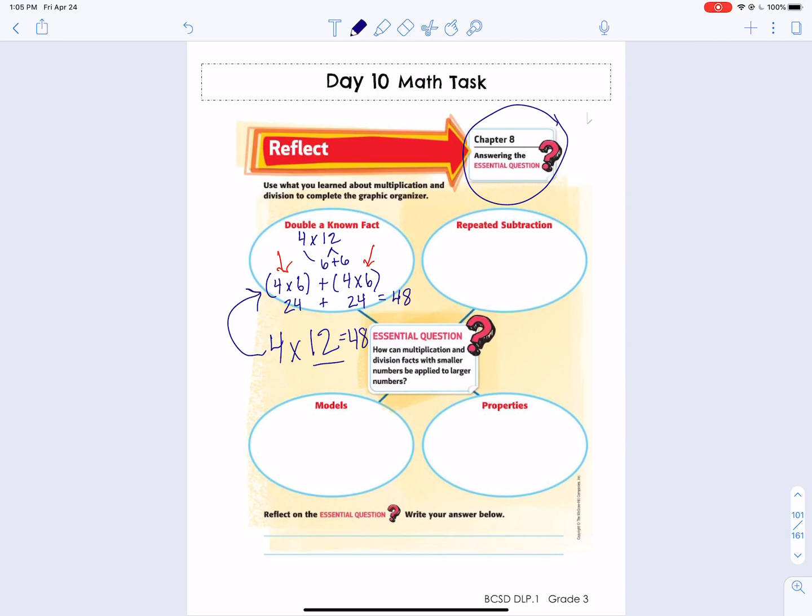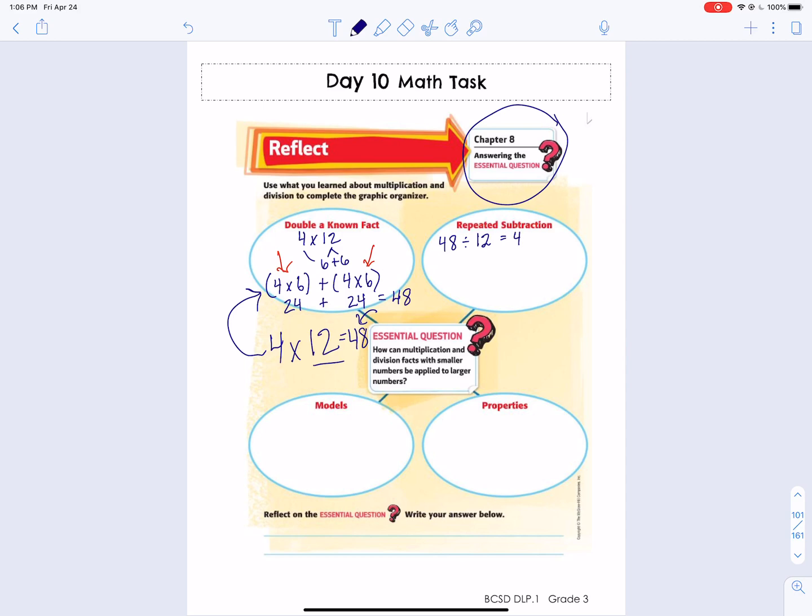So what I tell my students to do is look at the multiplication fact they're working with, then start to write it backwards, starting with the answer. So we're going to be doing 48, and not multiply this time, but divided by, and the next number is 12 if we're going backwards, and that should equal 4.